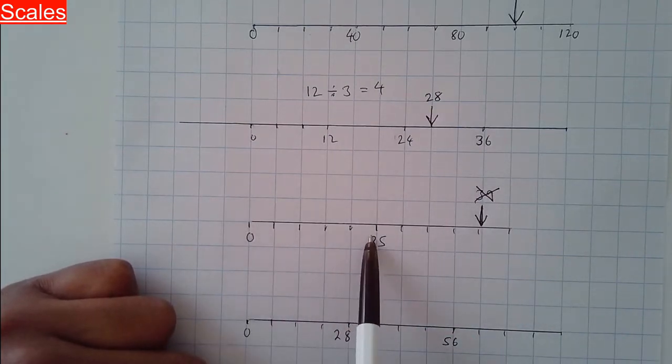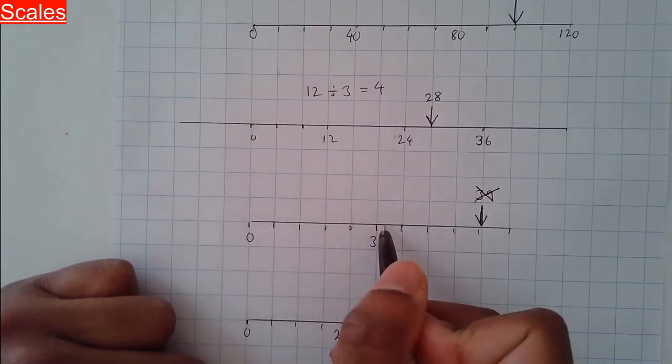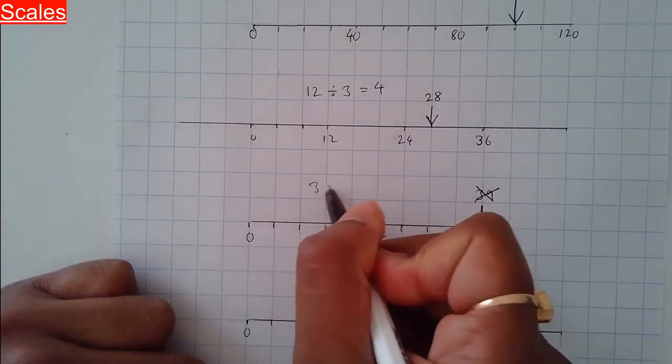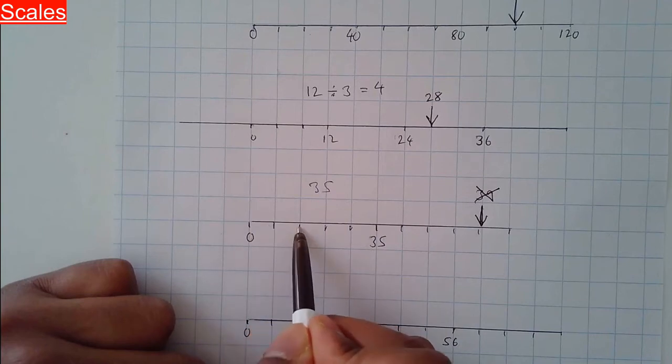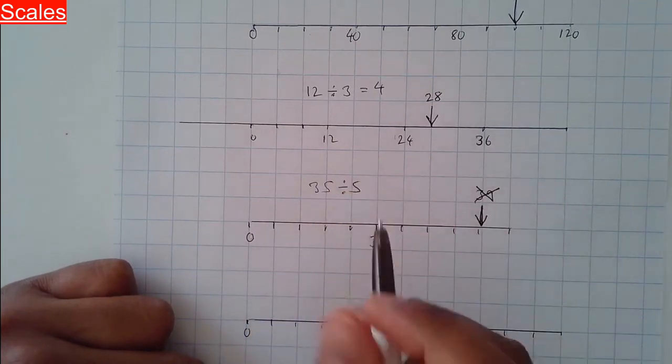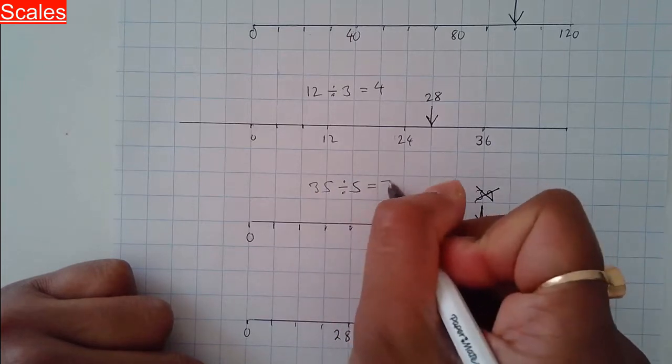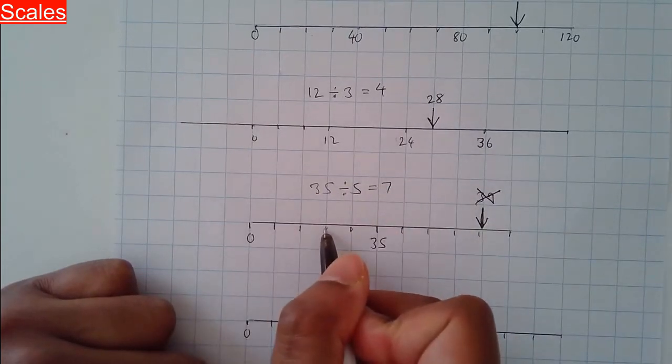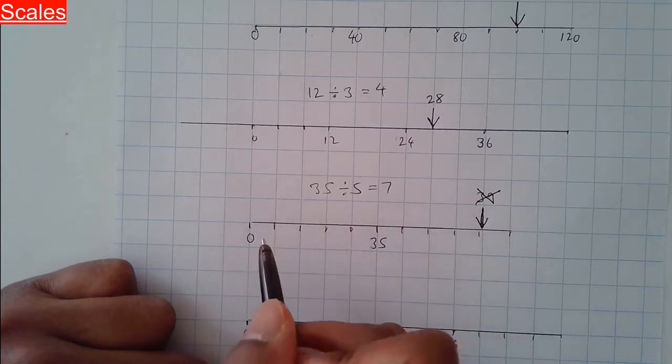Right, from 0 to 35, that's a gap of 35 here. And there's 1, 2, 3, 4, 5 equal sections. Divided by 5. 35 divided by 5 is 7. So these are going up in sevens, like the 7 times table.